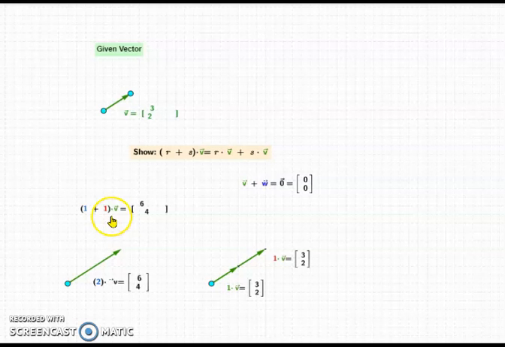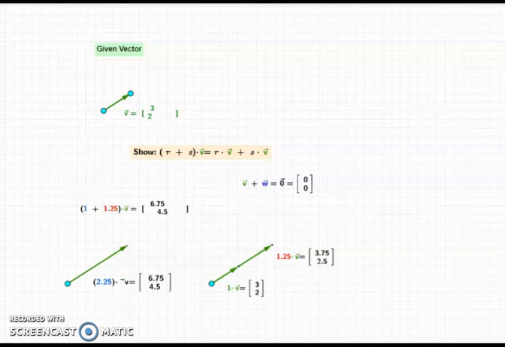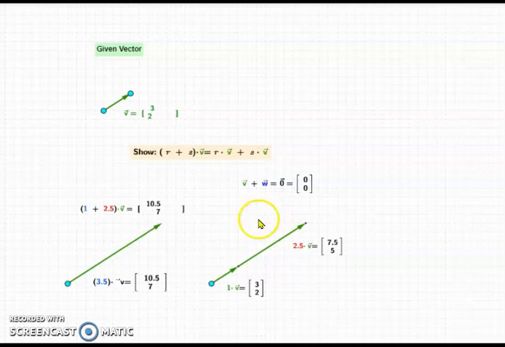Let us try to increase the value of s. Alright, so increasing the value of s, napapansin ninyo, no? So this one increases the value of s.